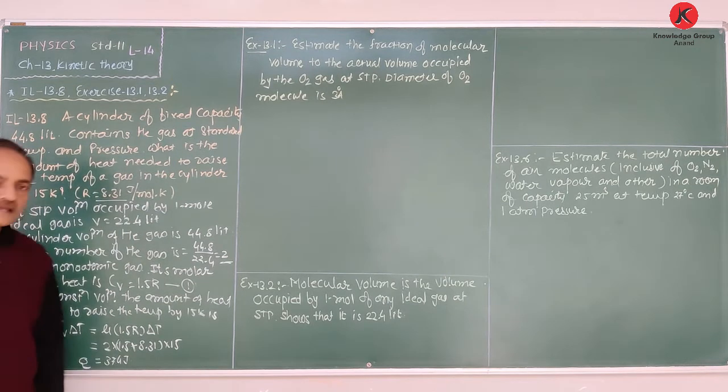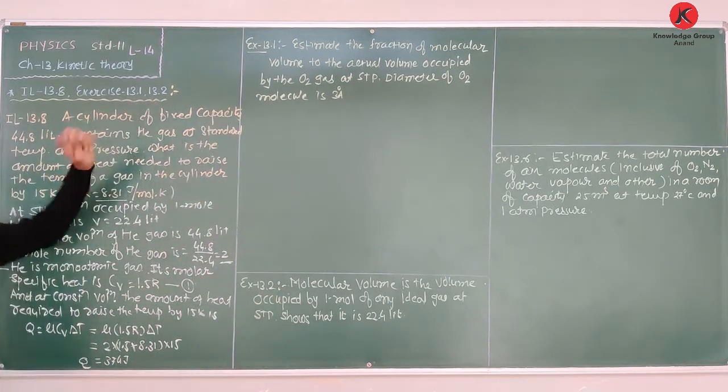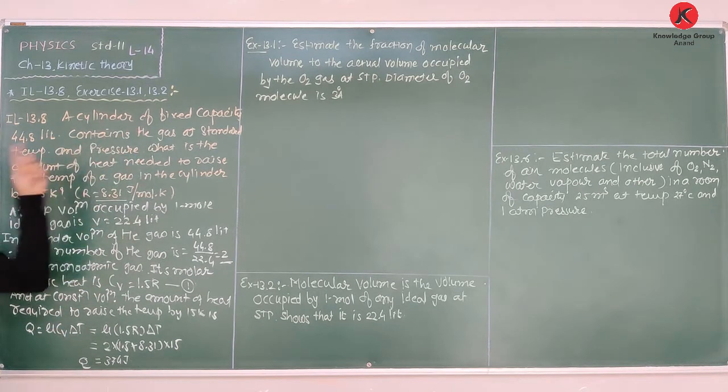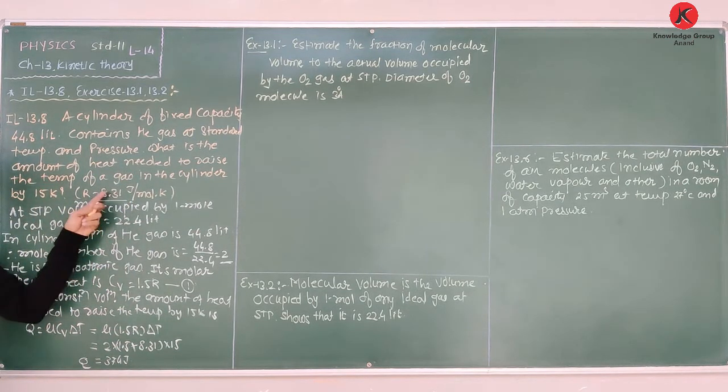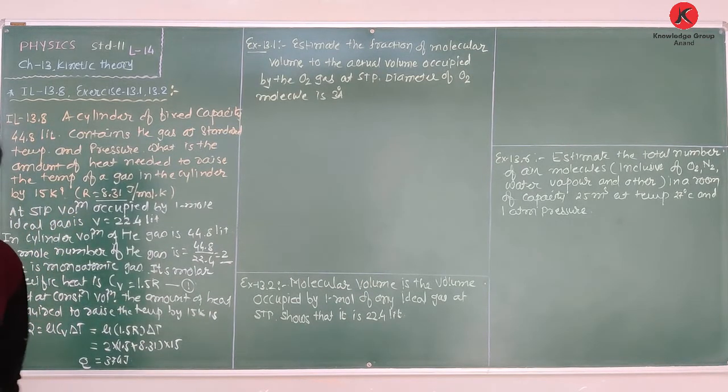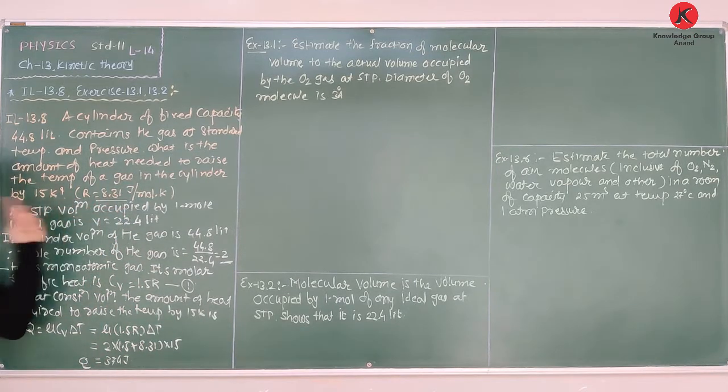So what is the numerical? Again, here at STP, the helium gas is filled in a cylinder having a volume of 44.8 liter. So what is the amount of heat needed to raise the temperature of this helium gas in the cylinder by 15 Kelvin? The value of R, the universal gas constant, is given as 8.31 joule per mole Kelvin. Now at STP, the volume occupied by 1 mole of ideal gas is 22.4 liter. Already we know it.